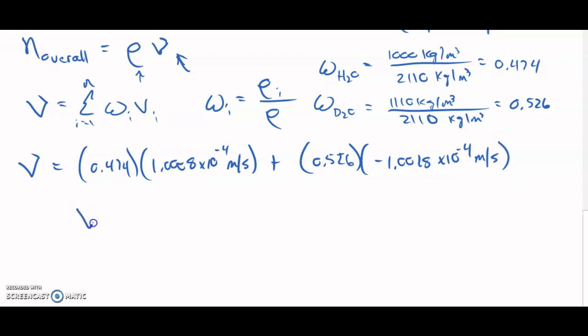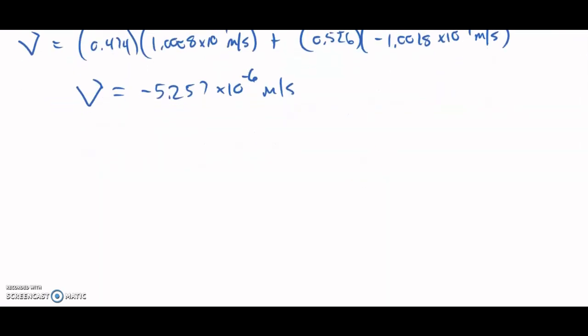So our mass average velocity would equal negative 5.257 times 10 to the negative 6 meters per second. And then we can plug that into our equation for our overall mass flux.